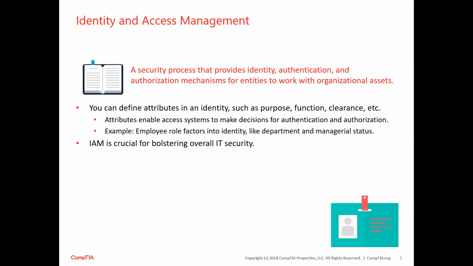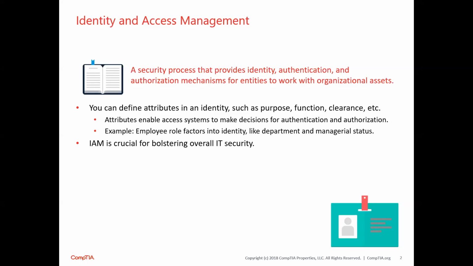So you can define attributes in the identity such as the purpose, the function, the clearance, etc. Attributes could be used to enable access systems to make decisions for authentication and authorization. For example, employee roles factor into identity, like department and managerial status.